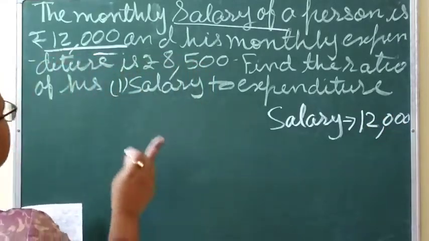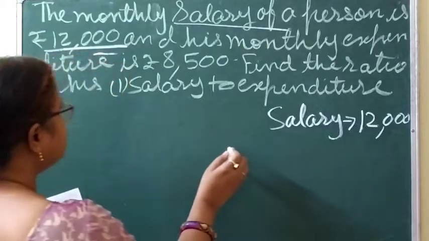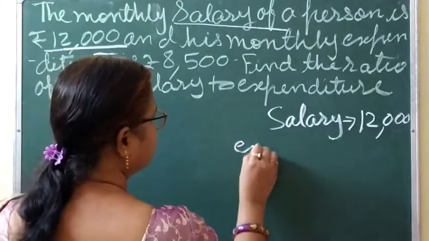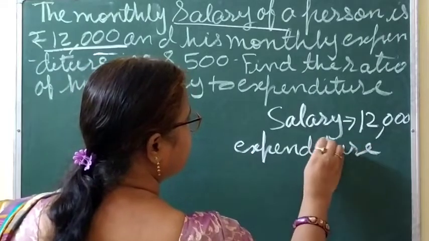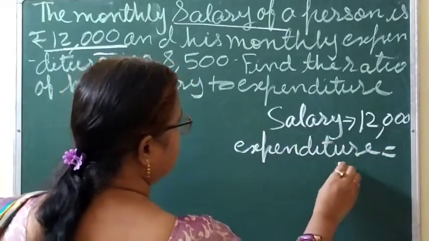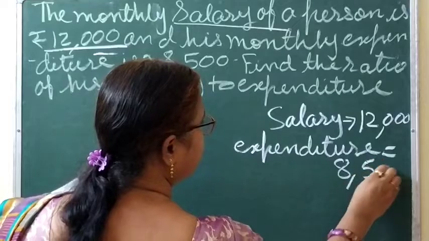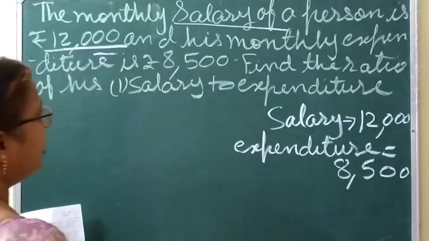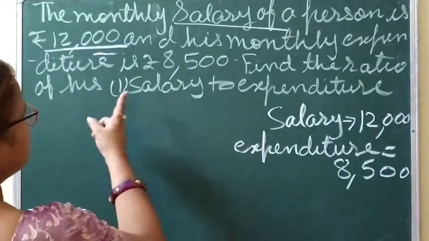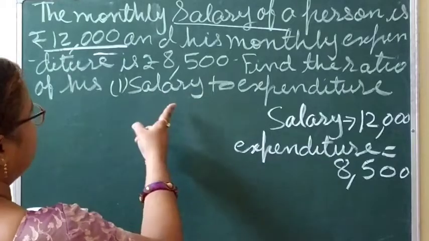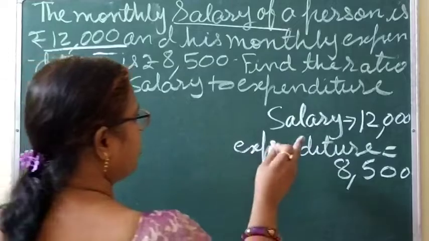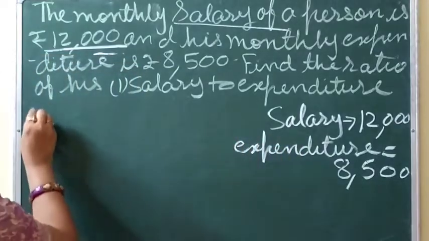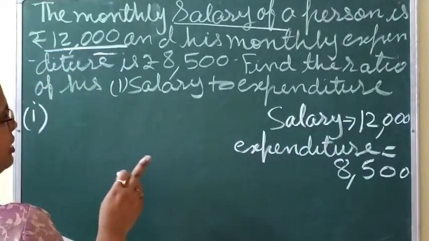Then expenditure is given, 8,500, and you have to find the ratio of salary to expenditure.